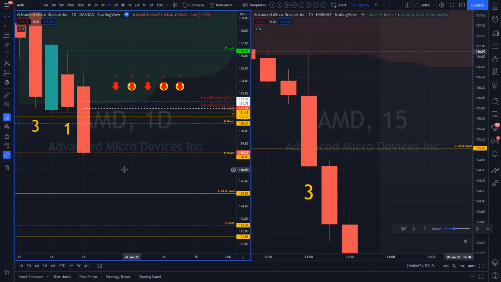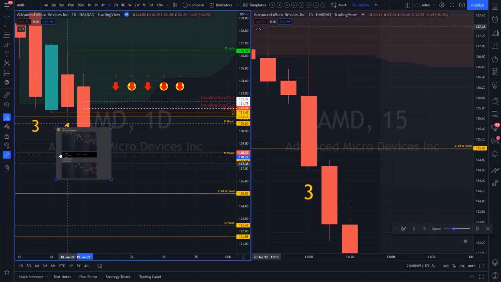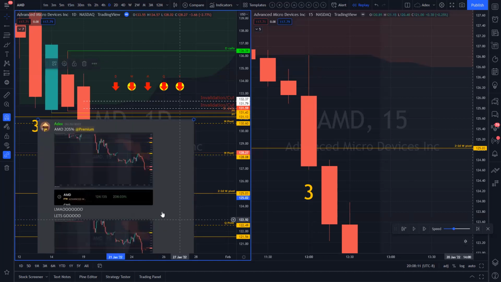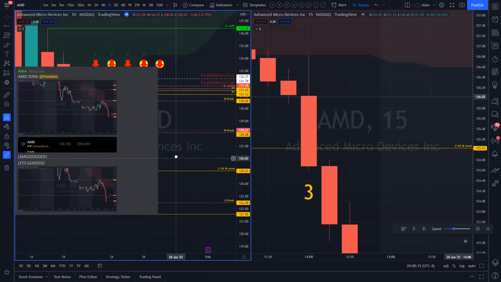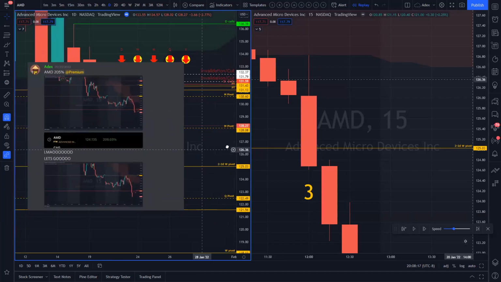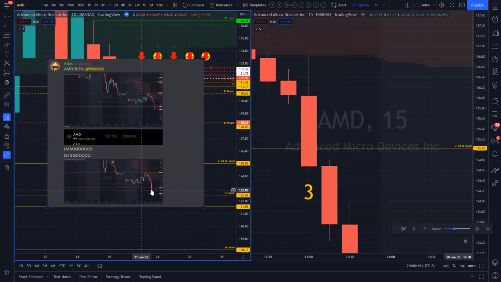So right here, this picture, you guys can see this in ADX alerts. This picture is referring to the flush that occurred right here.